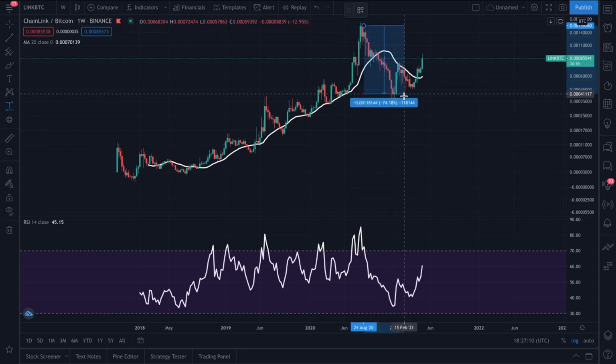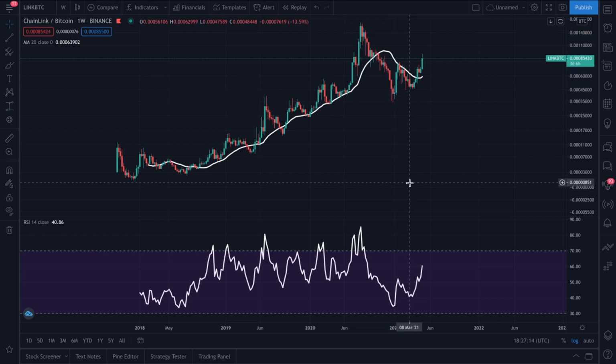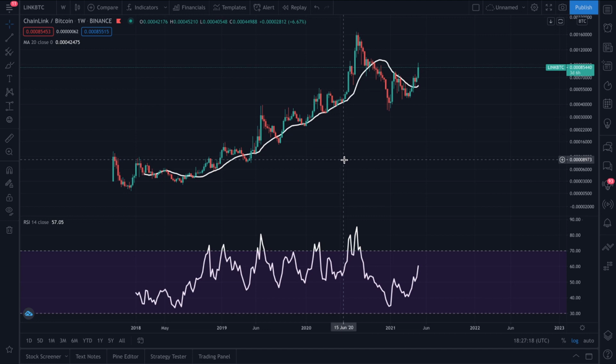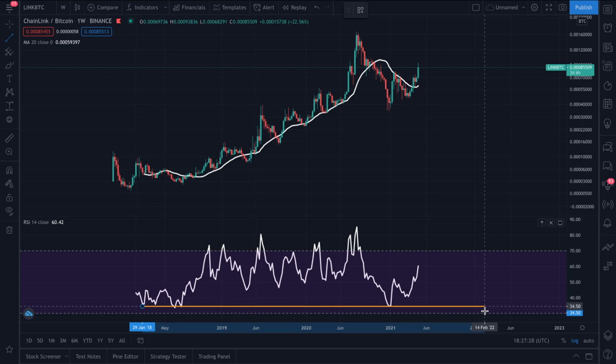In fact, I believe from candle body to candle body, it dropped 74%, but you could round it to 75% lost in valuation. That's a pretty big dip. It also brought the RSI down to about 34.65, roughly the same level as the last bottom, which was here in July of 2018.